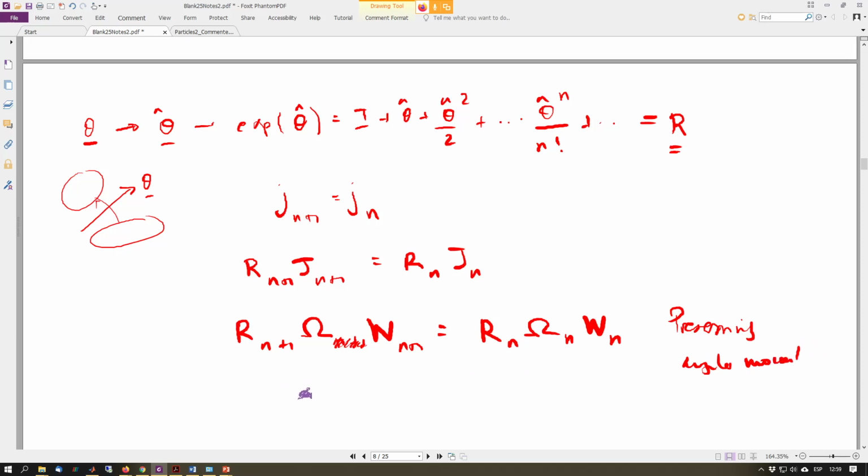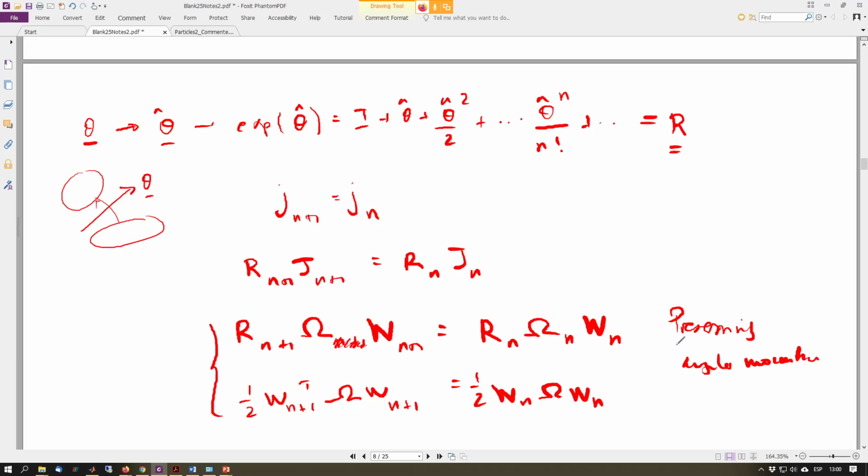And preserving energy also means that they preserve our kinetic energy. The only energy that we have is a kinetic one. So it also means that 1/2 of omega 1 times this tensor times omega 1 is equal to 1/2 of omega n, our tensor, and omega n, with a moment of inertia tensor.